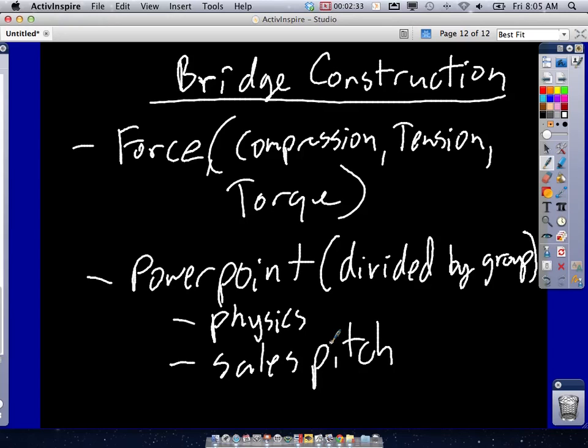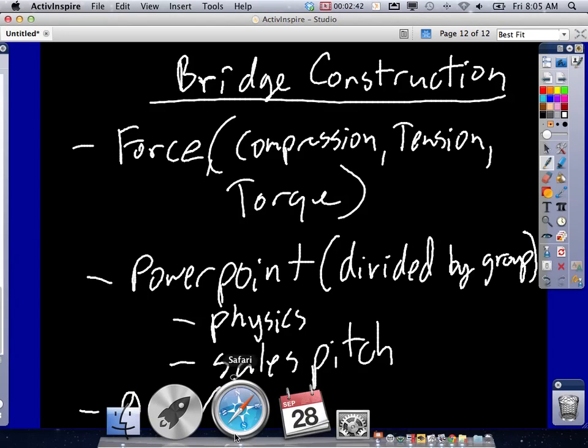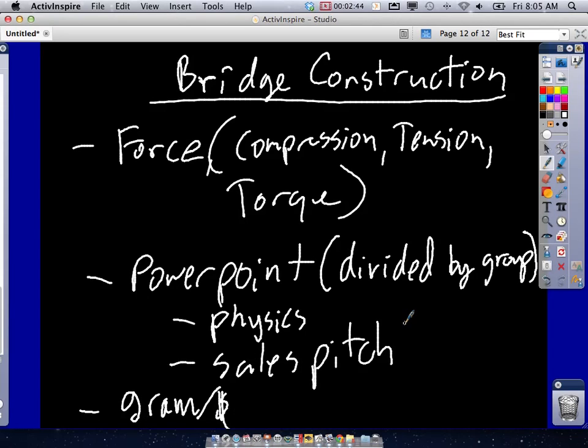Okay. And then the final analysis is each gram is money, and then the group that has the lowest gram weight to force or load ratio is the group that wins the challenge. Yeah, and they win the bid.